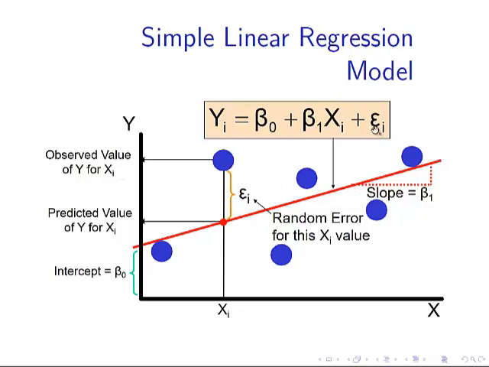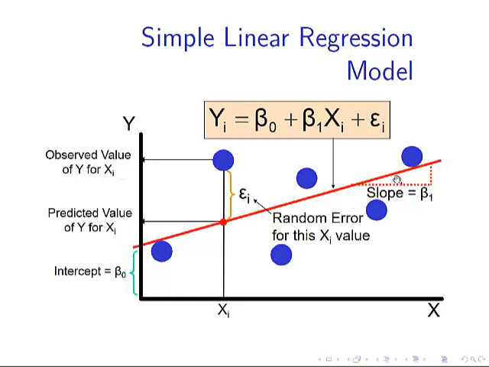What is epsilon i? Epsilon i represents the vertical distance from the point to that line. Beta 1 represents the slope of this line which passes through these points, and beta 0 represents the y-intercept.